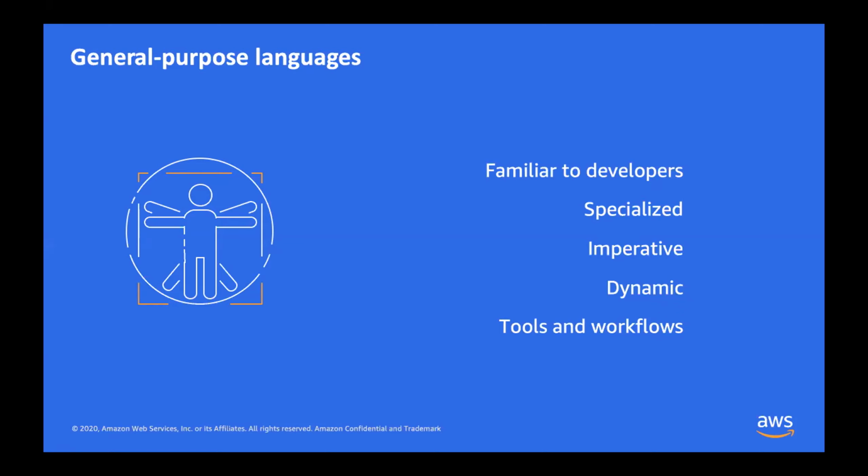These languages are also imperative, which means that traditionally they're not super great for actually defining the state of a system, but they're really good for defining business logic and complex, dynamic applications that you need to write. Another great thing about these languages is that there's a lot of tooling and a lot of workflows built around them.